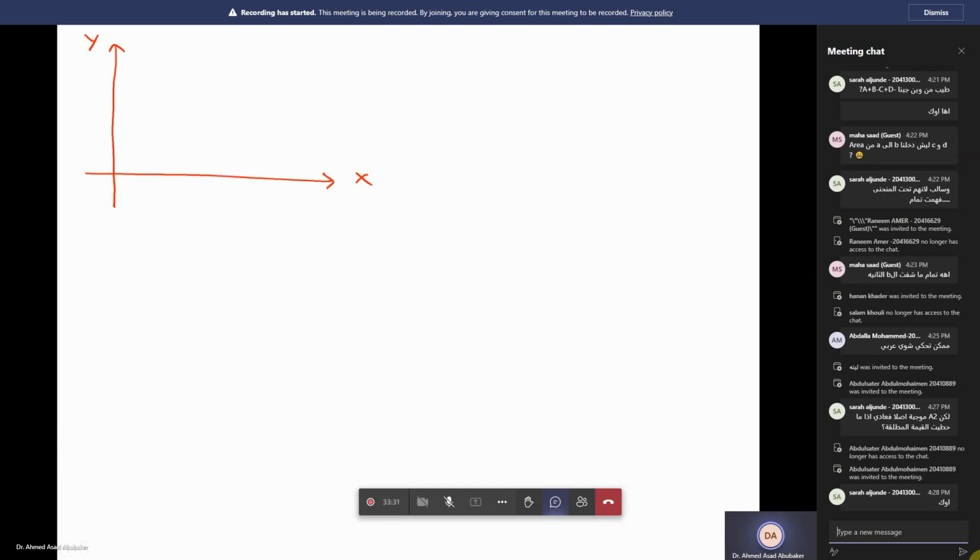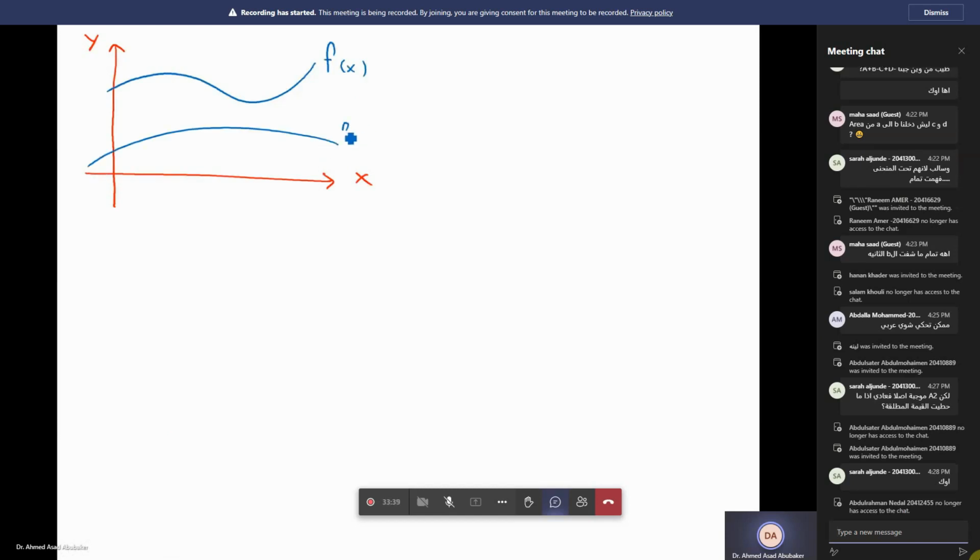Okay. For example, we have f of x and g of x from A to B. So we need to find the area from A to B. This is the area between f of x and g of x.